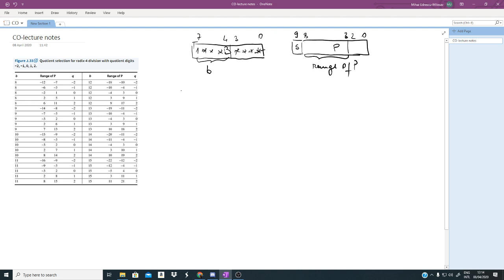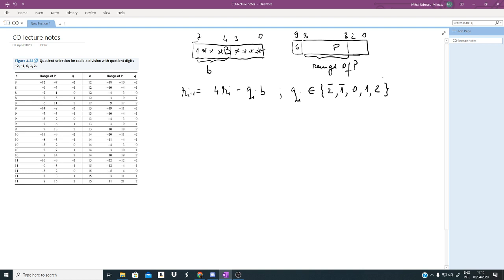And that's because the equation of this radix 4 algorithm, we wrote it last week as well, is Ri plus 1 equals 4 Ri minus Qi b, where of course Qi can take these values from the redundant set of digits.